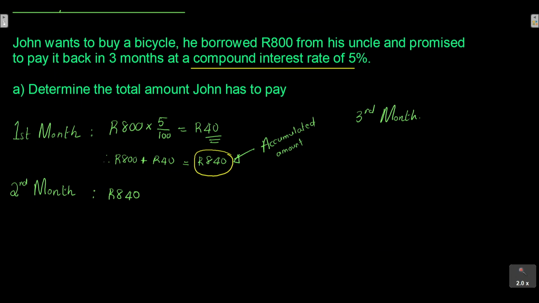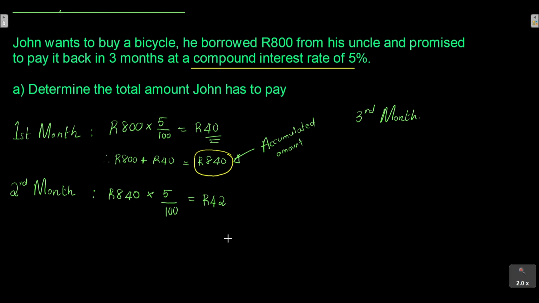So we're going to take that 840 rand now, and multiply it by still the interest rate of 5 divided by 100. If you take 840 and multiply by 5 divided by 100, you will get 42 rand.